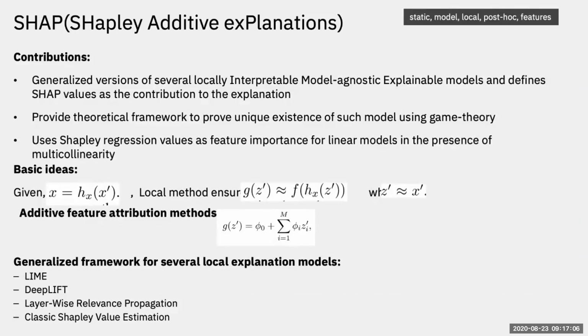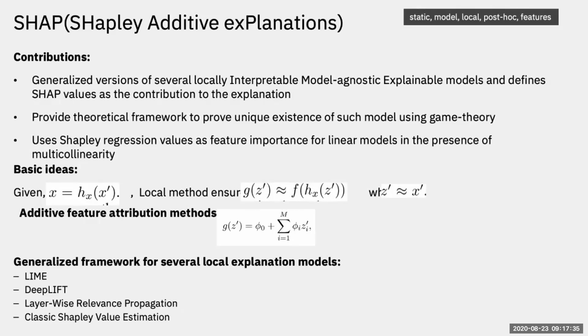So the main contribution of the SHAP method is that it can provide a generic framework for many local post-hoc explanation methods. And more importantly, it provides a nice theoretical framework to prove the unique existence of such local models with certain assumptions.